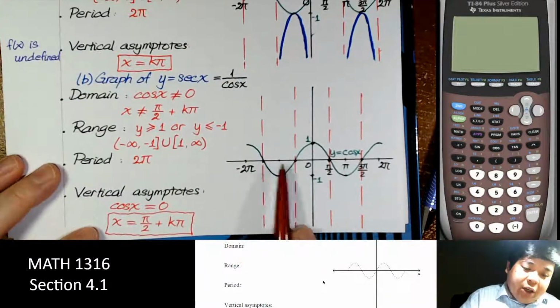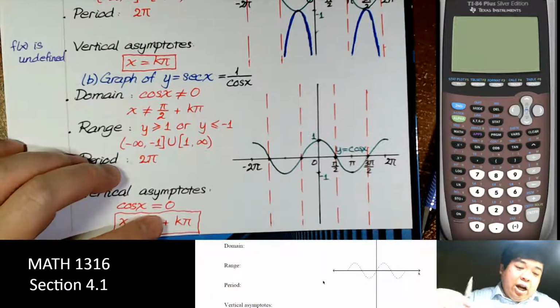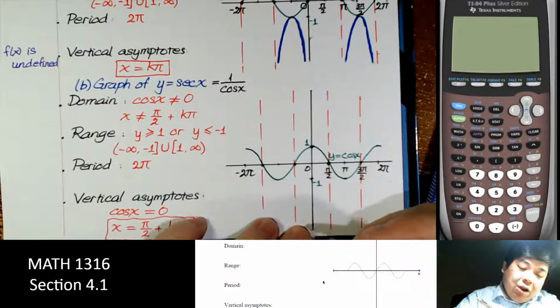So wherever the cosine is equal to 0, we have the vertical asymptotes, and after that the function will be bouncing from the maximum and bouncing from the minimum.